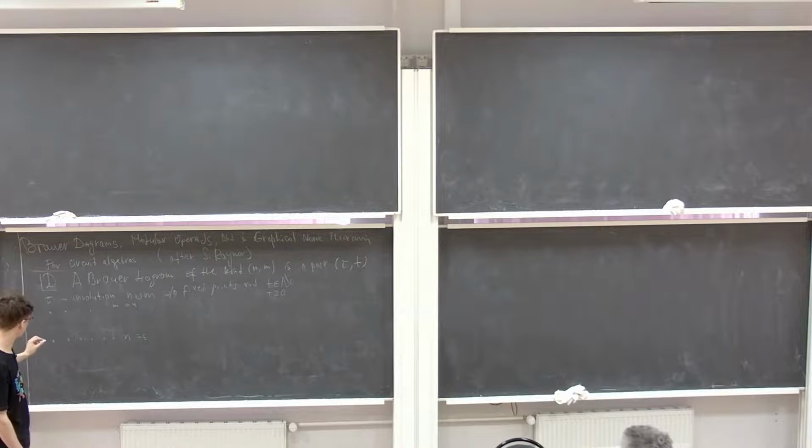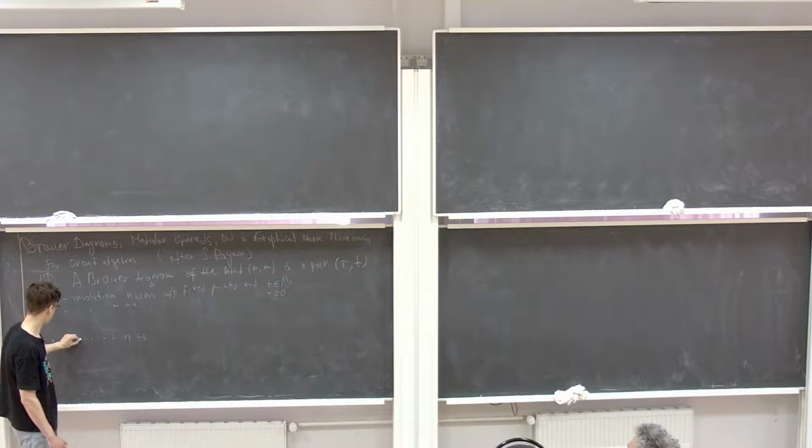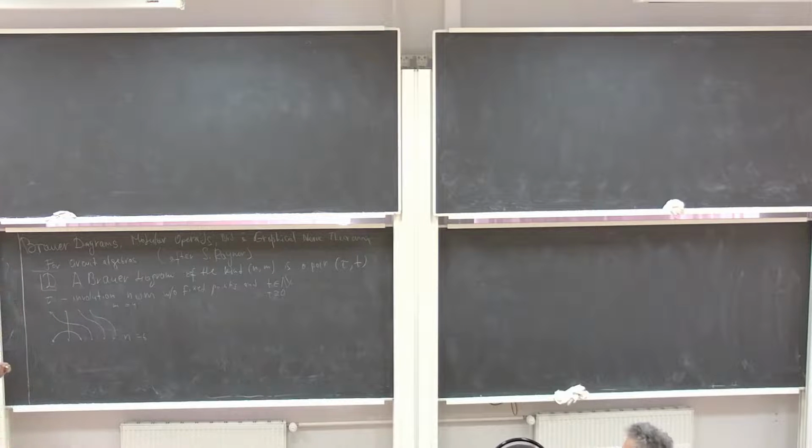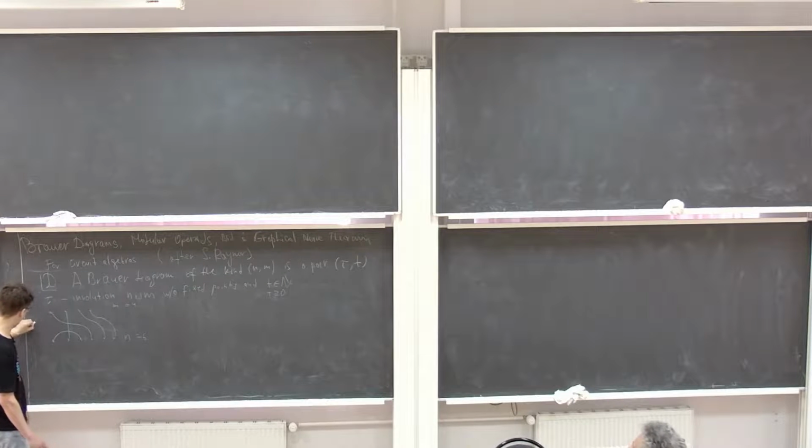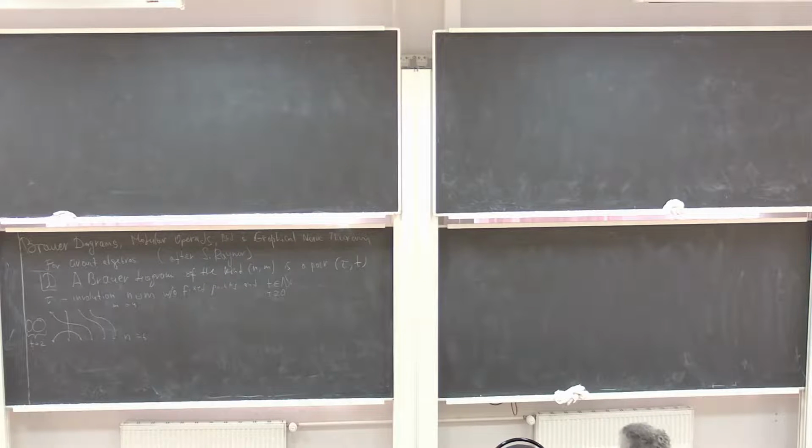And we connect the points which are transposed by the involution with a segment, for example, somehow like this. And I can draw several circles, namely t of them. So, as we see, a Brauer diagram is the same thing as a one-dimensional compact manifold whose boundary is precisely these n plus m points.